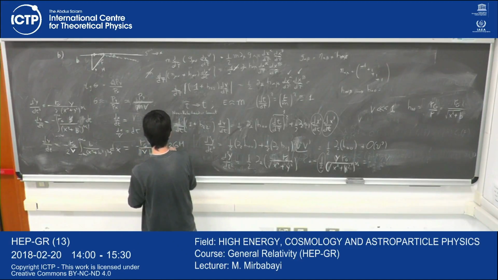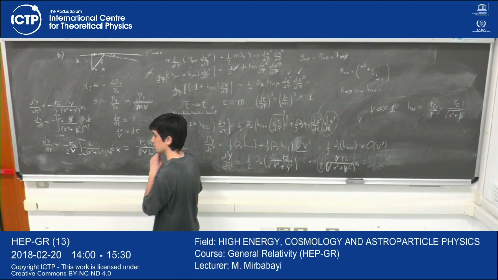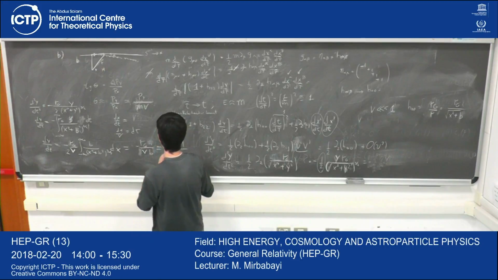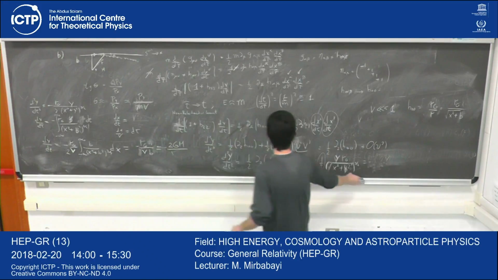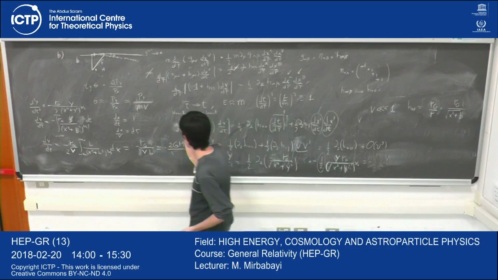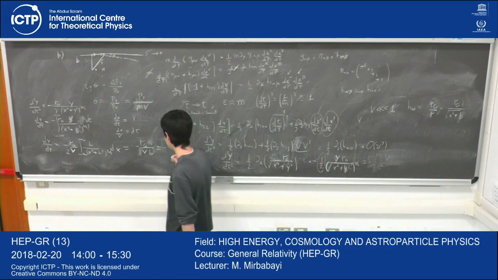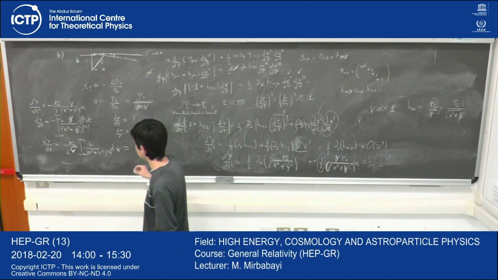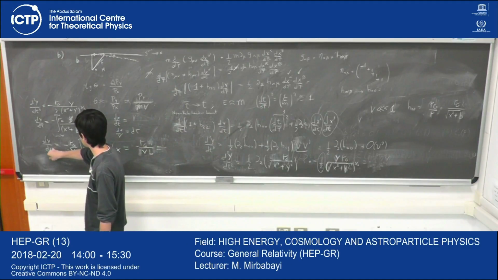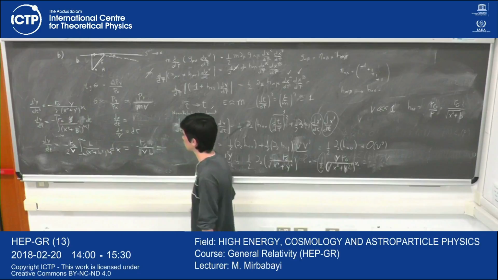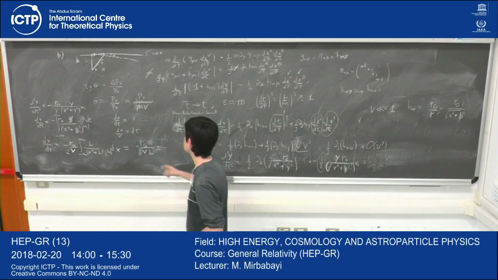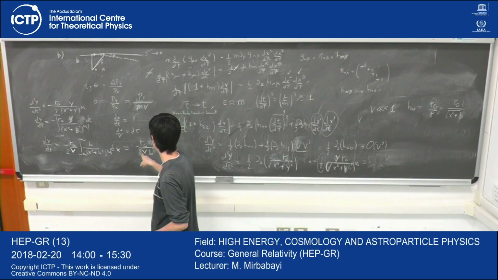RG is called RG because it's something of dimension length, so you don't need to think about dimensions. So this should have dimension of length over time. So I have length here, length here.